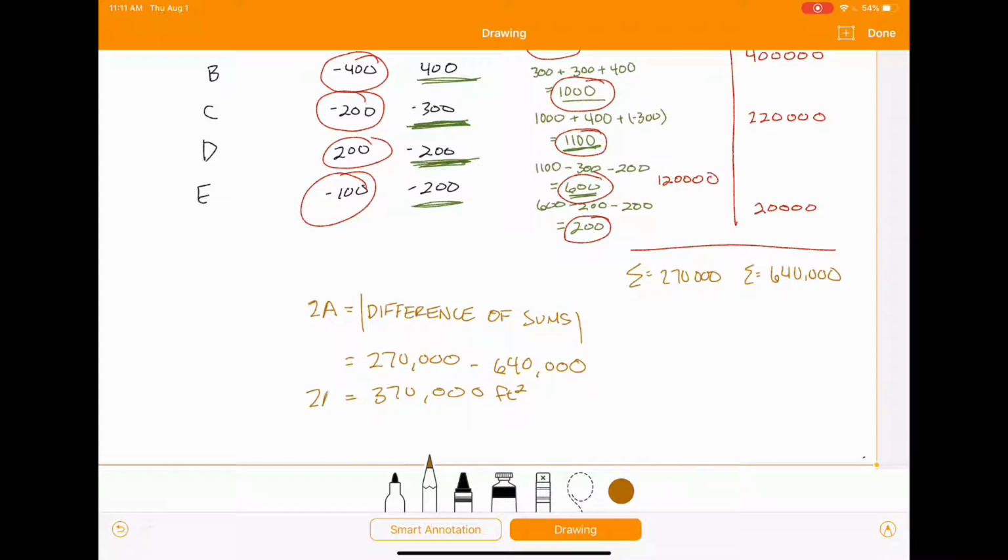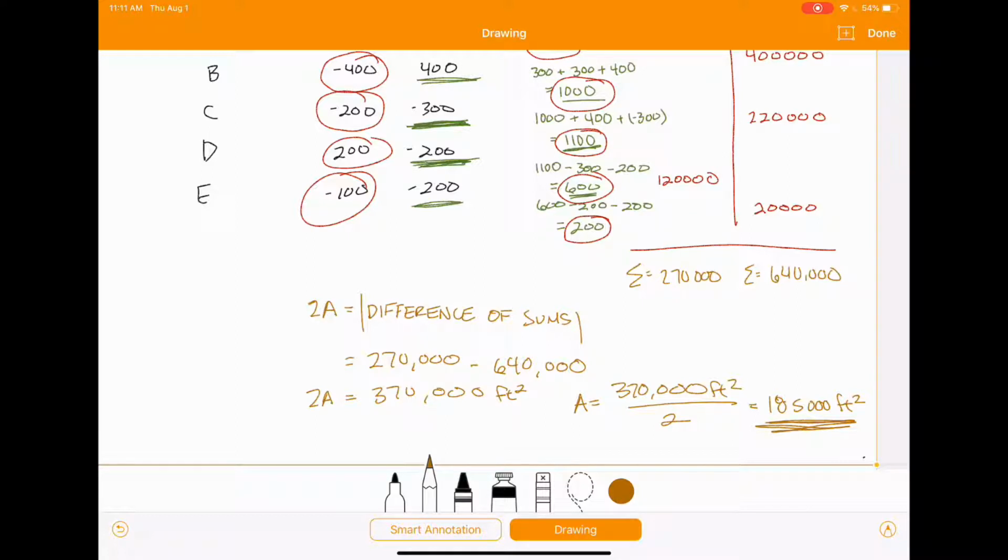And so that's what 2A equals. So to get A, you're just going to divide by 2. It's going to be 185,000 feet squared.